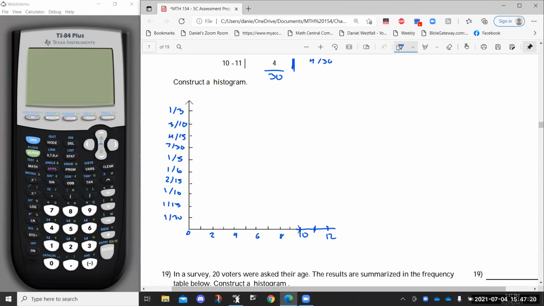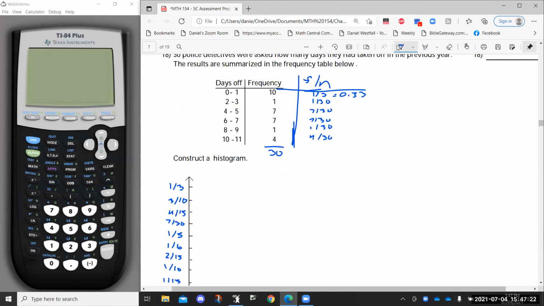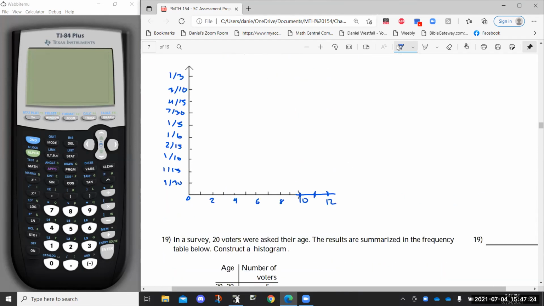So from 0 to 2, we're going to let 1 be the midpoint of that. We're going to have a value of 10 up here. It's my 10 out of 30. It's 1/3.